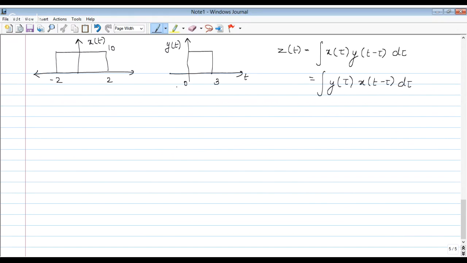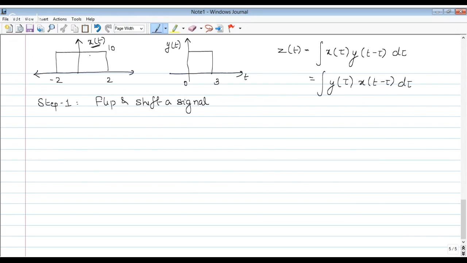Okay. The method is that, first of all, we have to flip and shift a signal. We have to choose a signal which is easier to flip and shift.